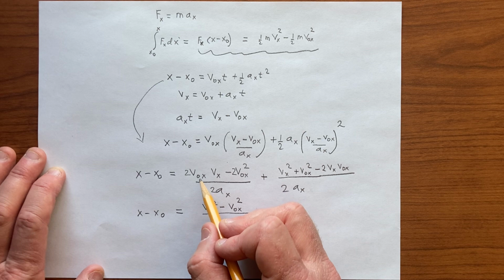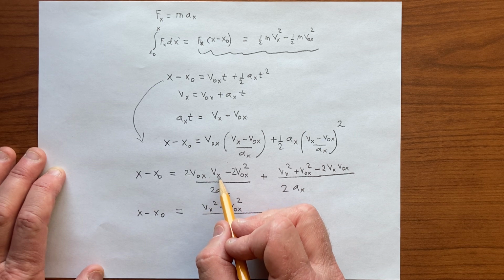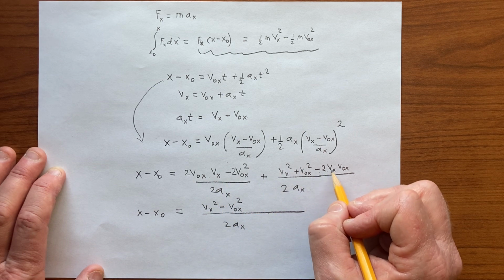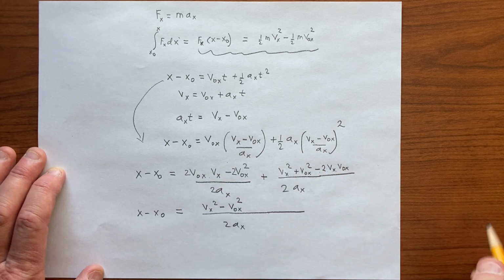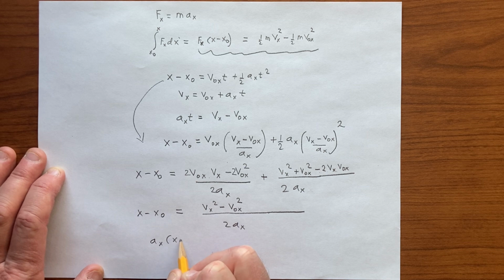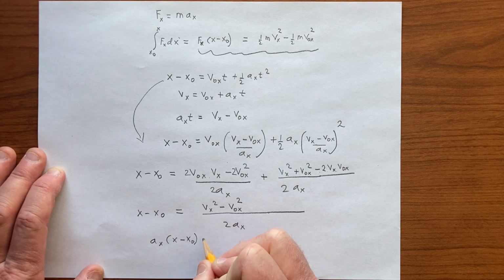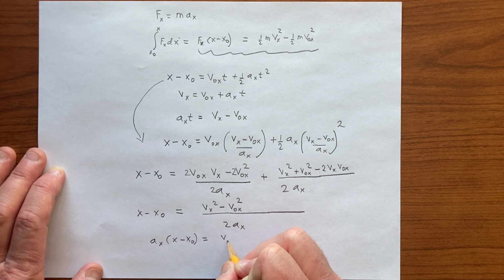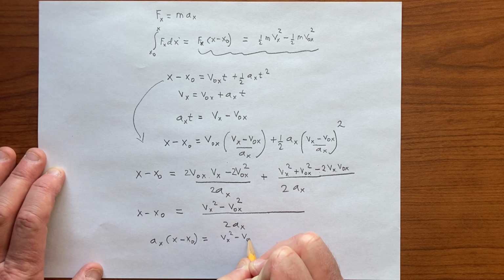And now I have 2 v naught x vx minus 2 v naught x vx. So that goes away. And this is all I have left. So what I have here is that ax times x minus x naught is equal to vx squared minus v naught x squared over 2.